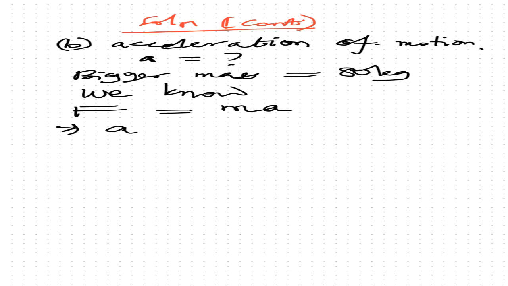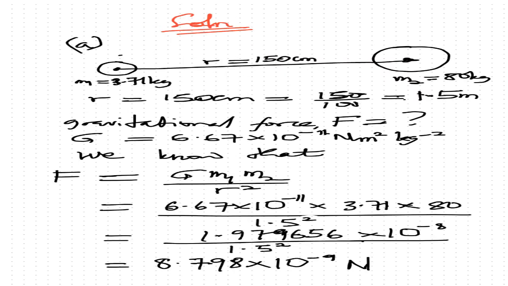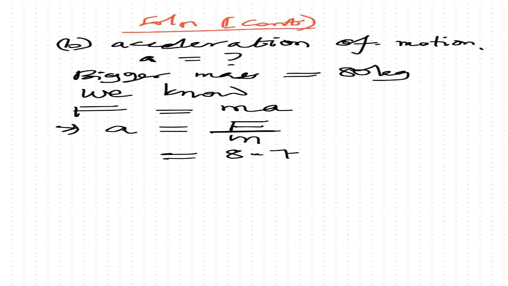So we can say A is F over M. And the F here is the attractive force between them, and that is what we got to be 8.798 times 10 exponent negative 9, on the previous page, over the 80.